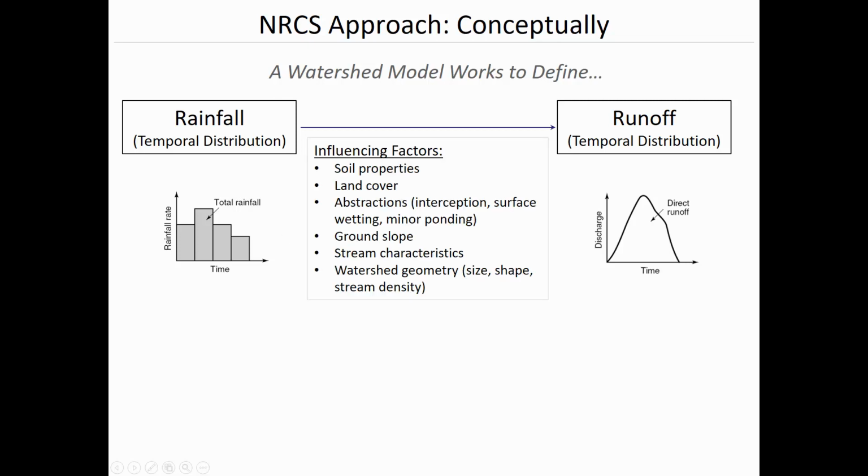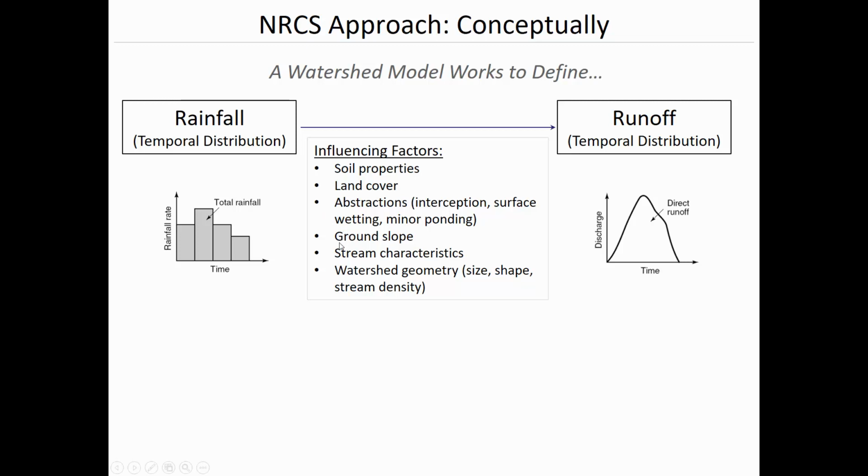So the factors that are going to go into the NRCS method will be some estimation of the soil that's there, because the soil and the land cover affect the infiltration. Infiltration is one of the biggest differences between rainfall excess and rainfall. We're also going to account for the abstractions.